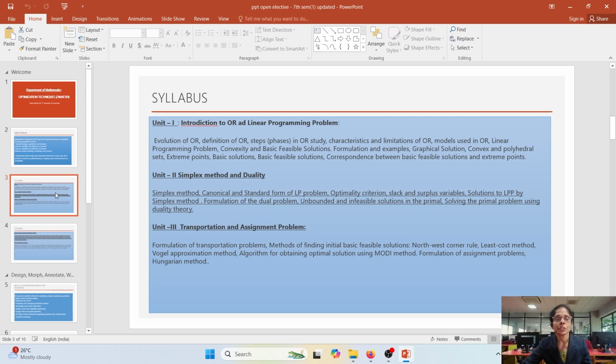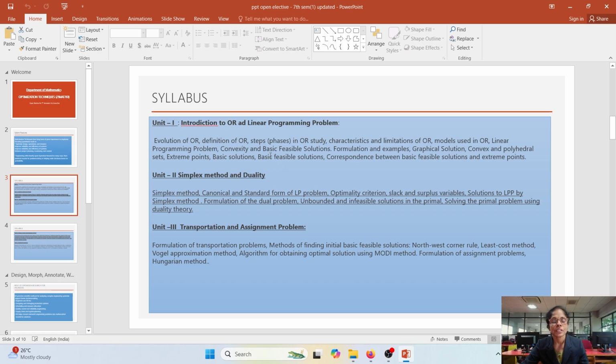So let us look into the syllabus. The syllabus has 5 units, and in the first unit we are learning introduction to OR and linear programming problem. Here we are learning evolution of OR, characteristics and limitations of OR, convexity, basic feasible solutions, formulation and graphical solution of a linear programming problem, extreme points, basic solutions, and so on.